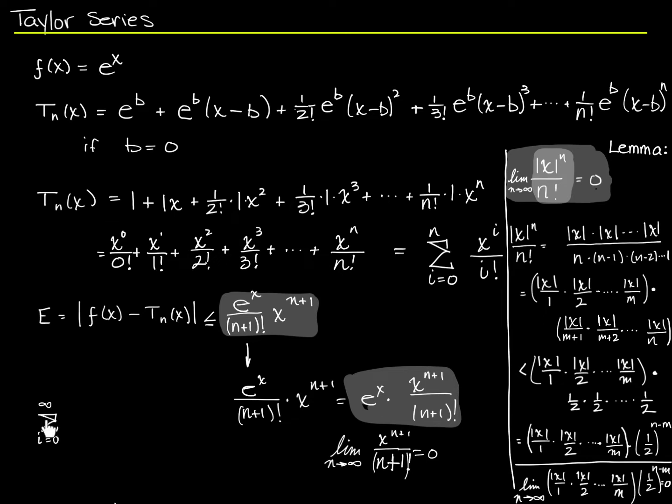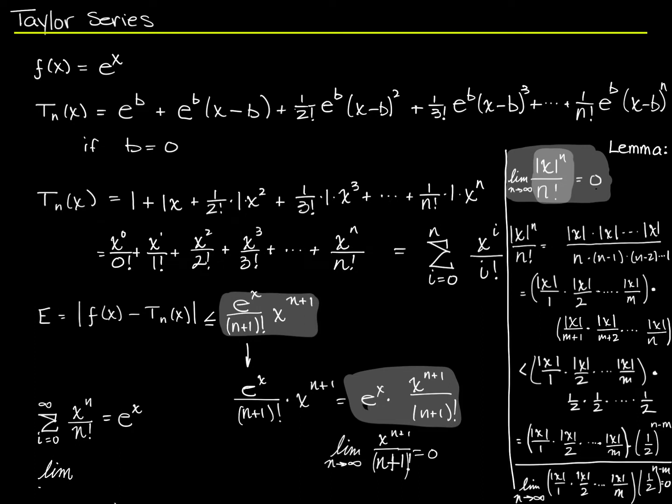Remember, that's a limit as the sum goes from i to n, as n goes to infinity, of x to the power of n over n factorial is actually equal to e to the x. Not approximately. The Taylor polynomial, the sum of all terms, the Taylor series, in fact, the sum of all the terms as n goes to infinity is actually equal to e to the x.